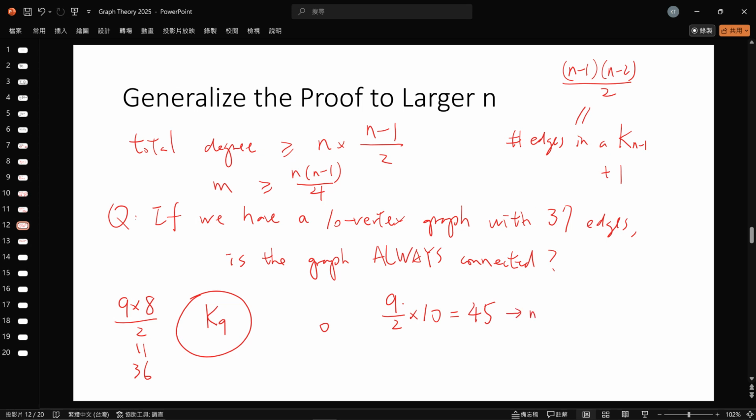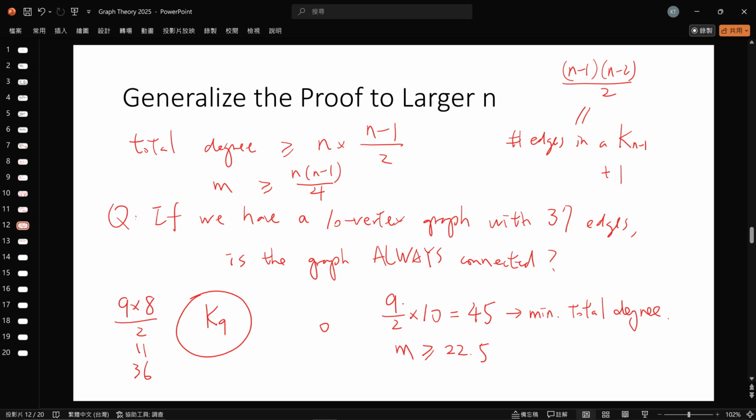This is the minimum total degree. Since this is the minimum total degree, this tells us that the number of edges is at least 22.5 edges.